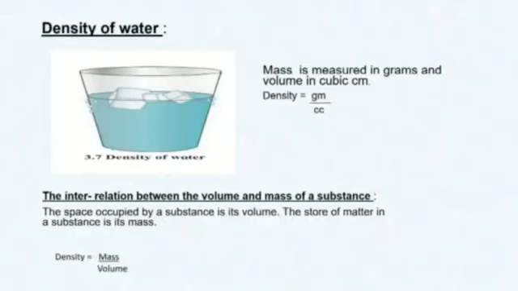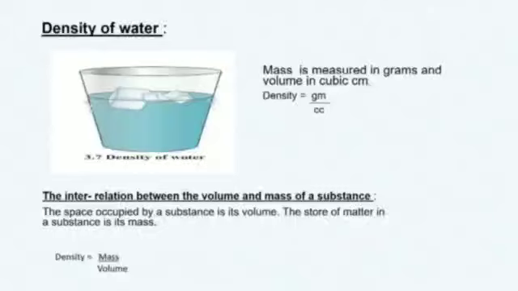Ice is lighter than water. When water freezes to form ice, it becomes lighter than the original liquid. When water freezes, that is, when it transforms into solid state, its volume increases. Therefore, the density of ice is less than the density of water. That is why ice floats on water.